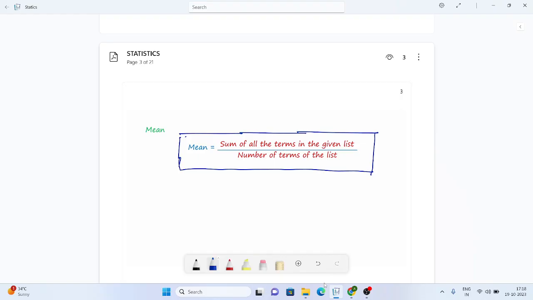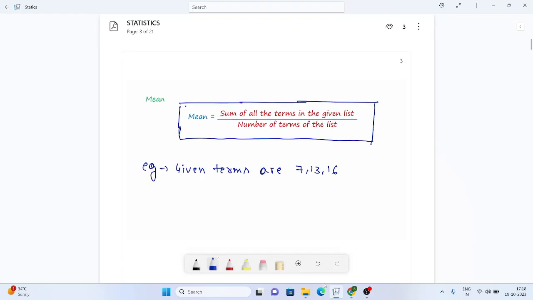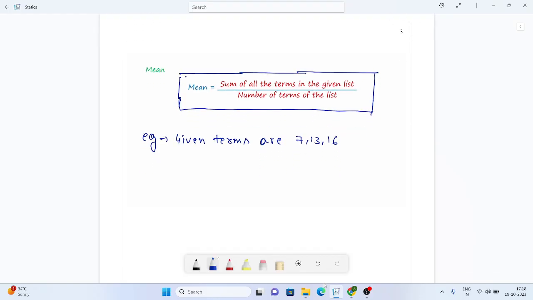For example, if given terms are 7, 8, 7, 13 and 16, and you have to find the mean of this, so what you have to do, you have to just write mean, you have to sum this 7 plus 13 plus 16, and how many numbers are there?